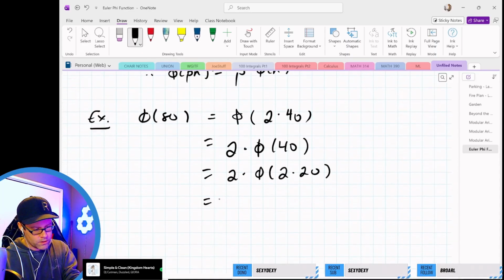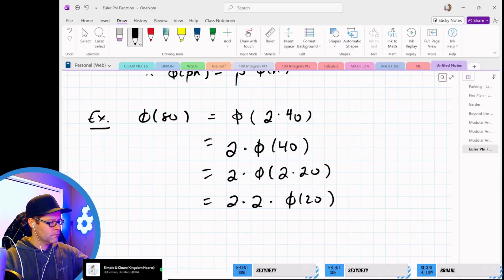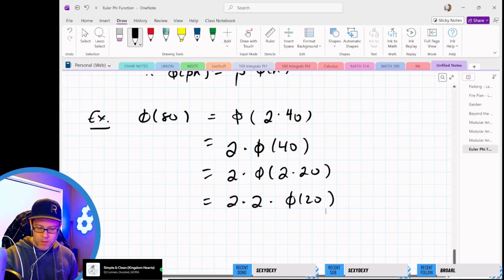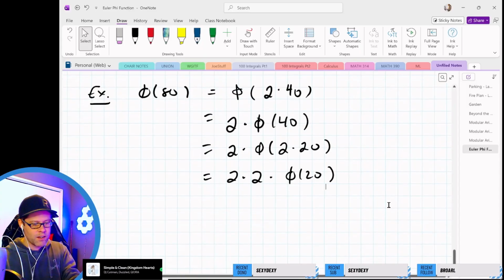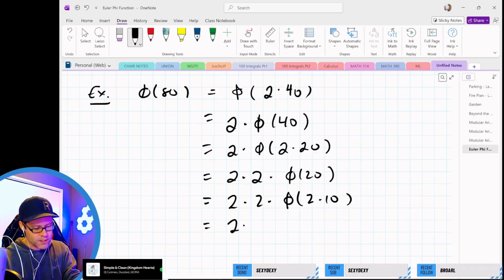So this would be 2 times phi of 20. And then we do 2 and 10. And then 10 is small enough that we can probably just list everything out. Even 20 is small enough we can probably list everything out too. But just for the sake of seeing the full argument, let's do it one more time. We can factor out that last 2.